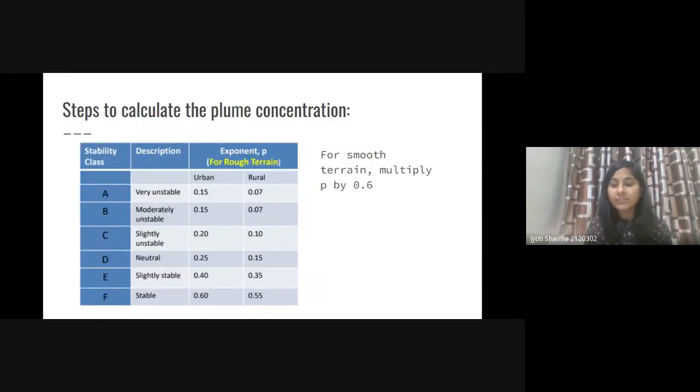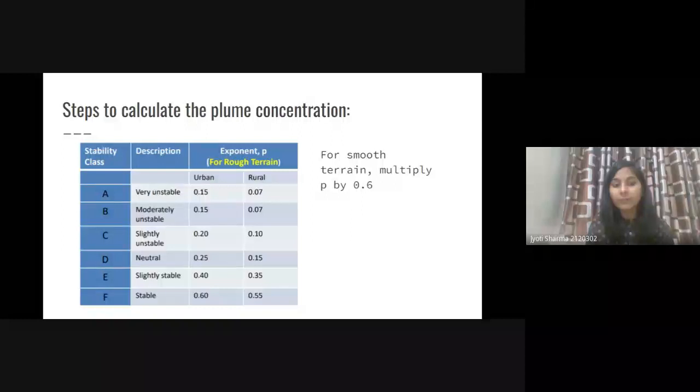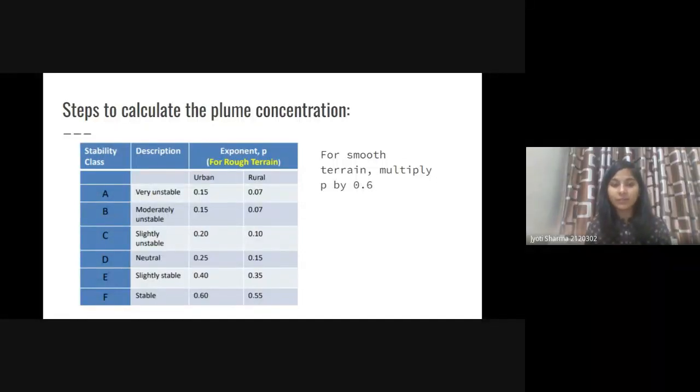So if you have stability class A, meaning your atmosphere is very unstable, then for a rough terrain the value of this P will be 0.15 for the urban area and 0.07 for the rural area. If you have the moderately unstable stability class, then your value will be 0.15 and 0.07 for urban and rural respectively.